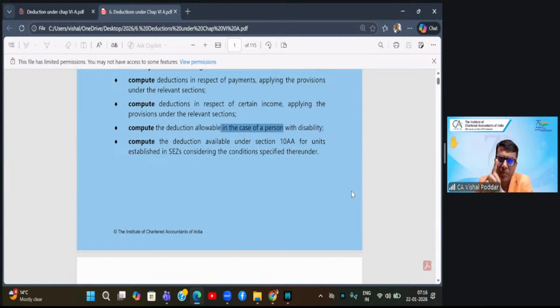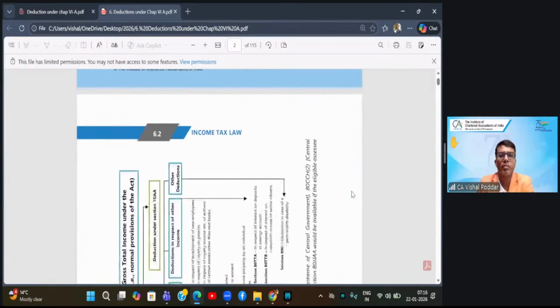I'm talking about chapter 6A deductions, not the 10AA deduction. 10AA is for SEZ, which we'll study separately. It is not part of chapter 6A. Chapter 6A means section 80 deductions. So section 80 deductions can be divided into three categories. One, deduction for payments. Two, deductions for certain category of incomes. Three, deductions for certain persons.